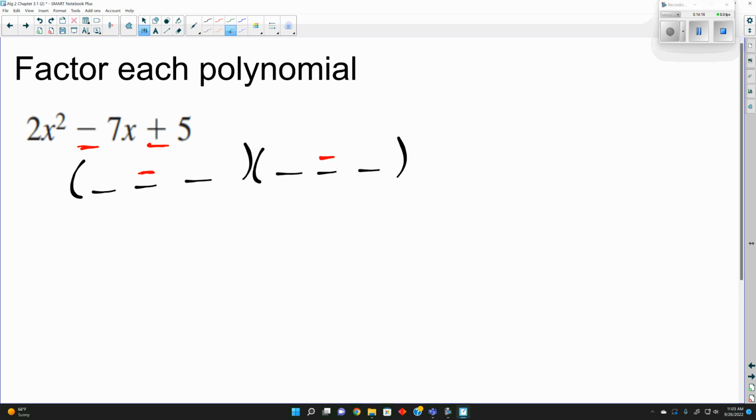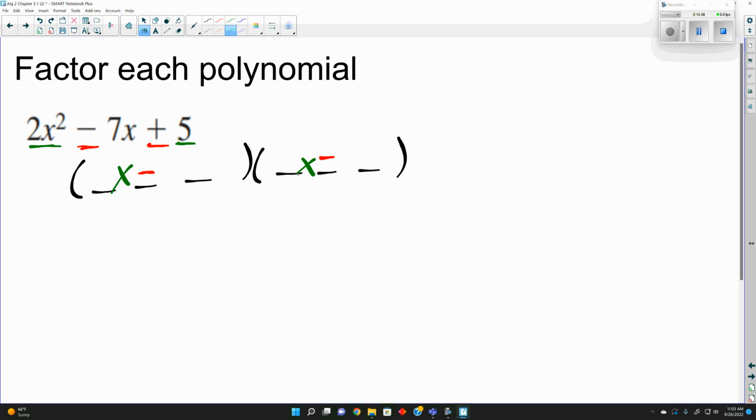Step number 4, find the factors of the first and third term. Our first term is 2x squared and our third term is 5. So if we're looking at the factors of 2x squared first, the factors of x squared are x and x, and the factors of 2 are 1 and 2.